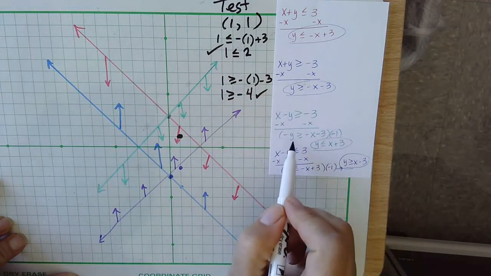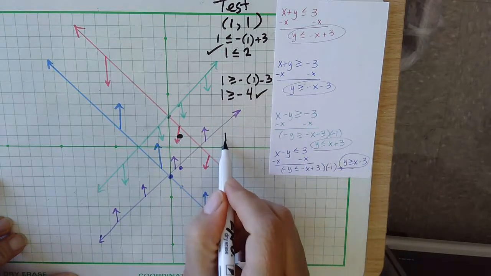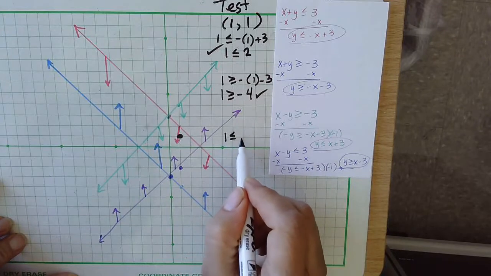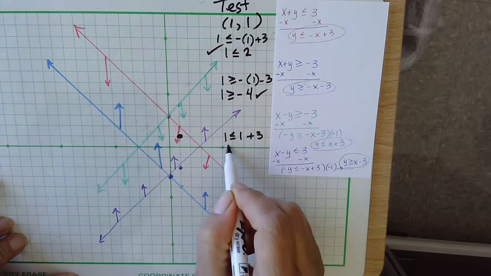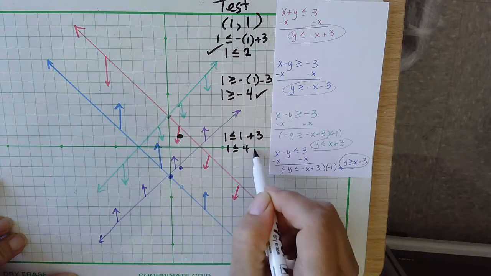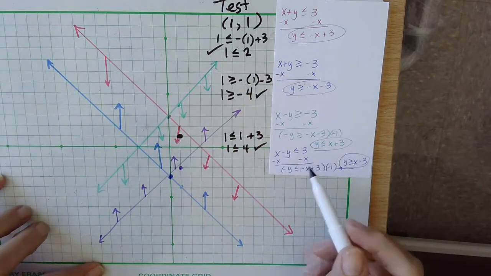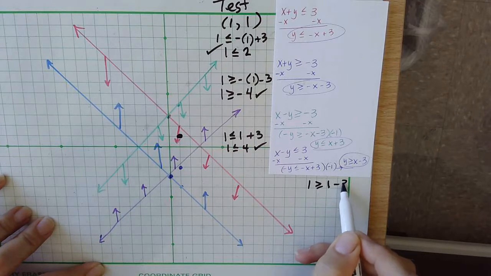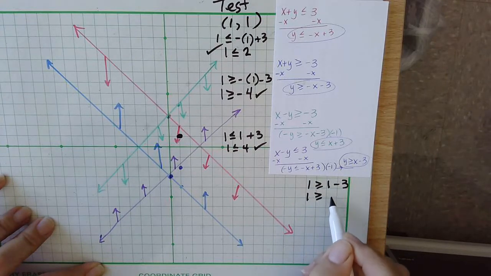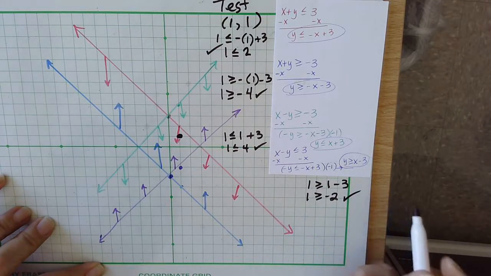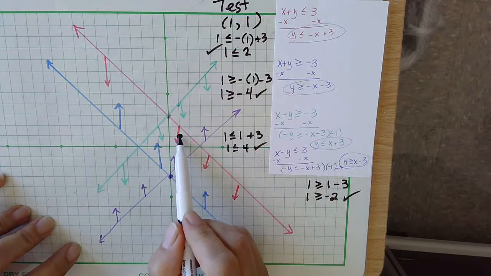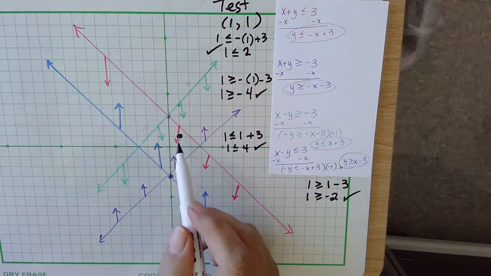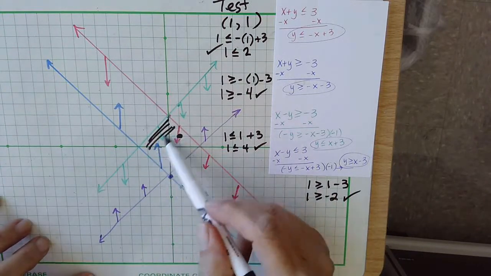Yes. And here is 1 less than or equal to 1 plus 3. Yes. And is 1 greater than or equal to 1 minus 3? Yes. So here, where 1, 1 is, that's where my solutions will be.